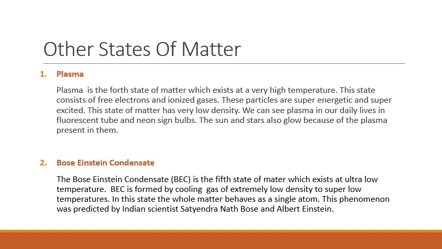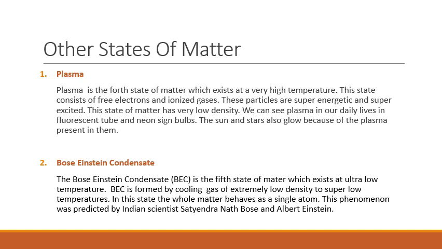As I mentioned in the first slide that there are 5 states of matter, let's see what the 2 other states of matter are. The 4th state of matter is plasma. This state exists at a very high temperature. It consists of free electrons and ionized gases.